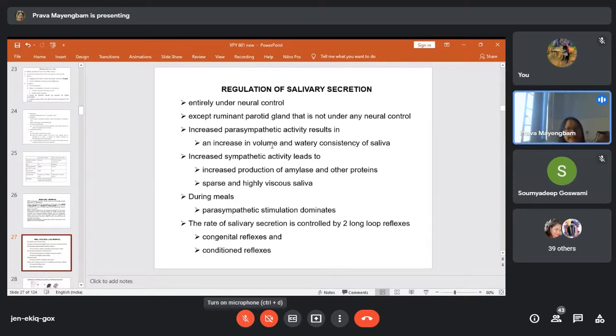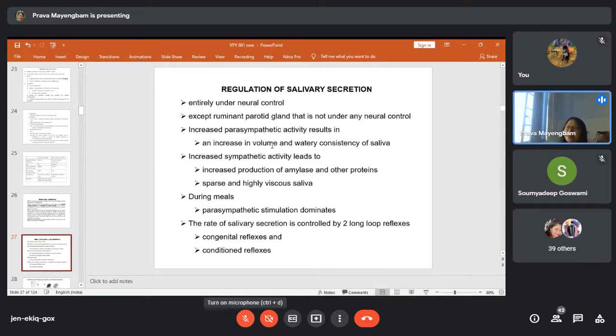So any activity related to digestion will be enhanced when there is parasympathetic nervous system activation. Any activity in digestion will be suppressed when the sympathetic nervous system is stimulated.